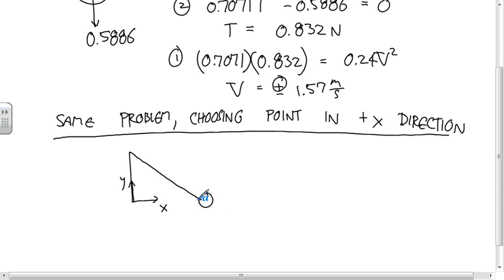So the centripetal acceleration now points this way, in the negative x direction. The magnitude is still the same because the speed's the same and the radius is the same. So the magnitude is 4v squared. And since it's in the negative x direction, that means the centripetal acceleration is negative 4v squared, 0.